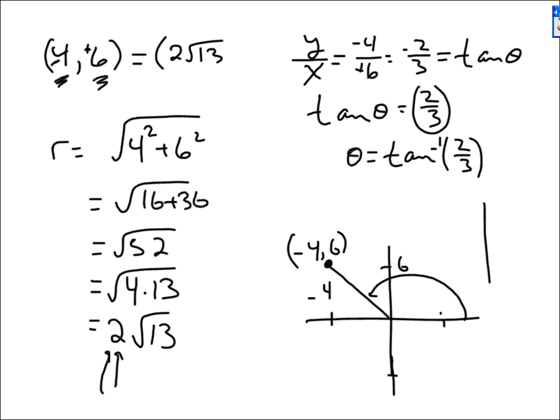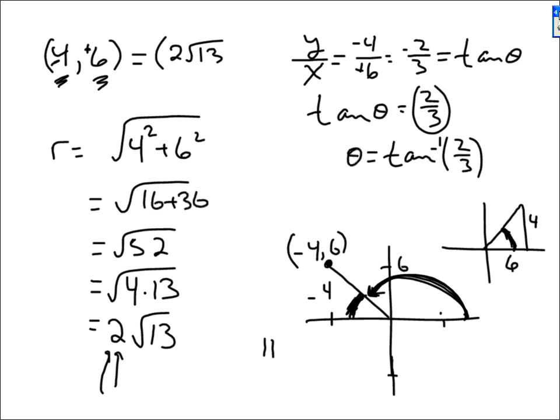Now, the arctangent of 2/3 is this angle. But you know what? This angle here is the same as that reference angle here. But I don't want to know this angle. I want to know this angle here.